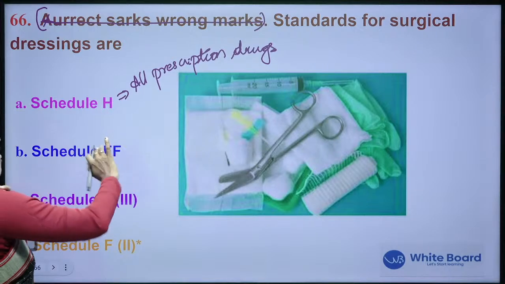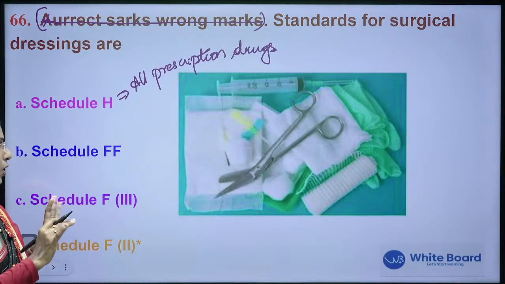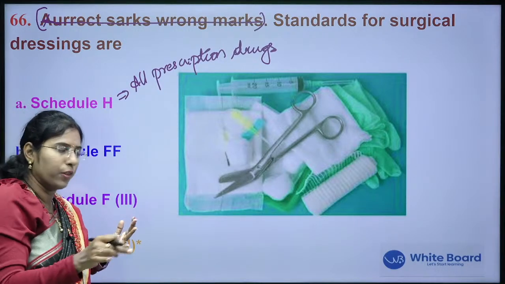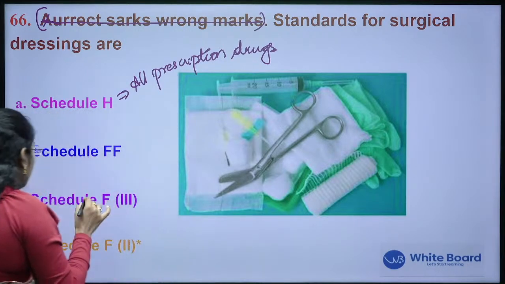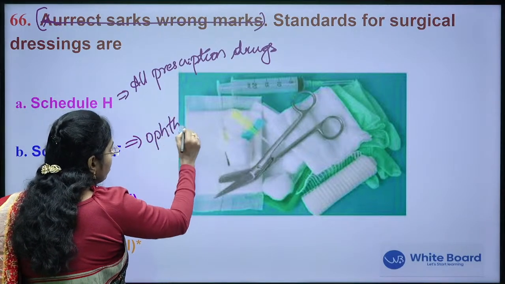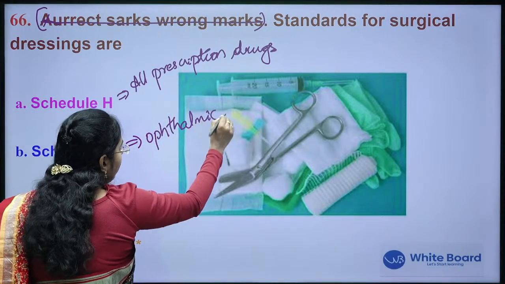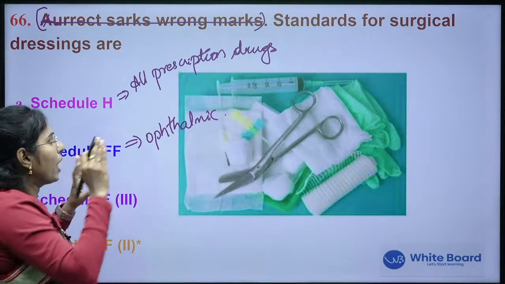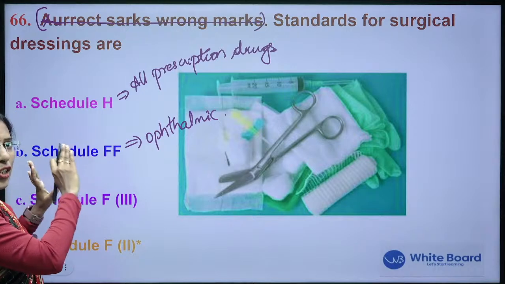And Schedule FF, already I have discussed with you. Schedule F consists of F1, F2, F3 and FF. Here FF is for ophthalmic preparations, means all the standards and regulations for ophthalmic preparations are included under Schedule FF.